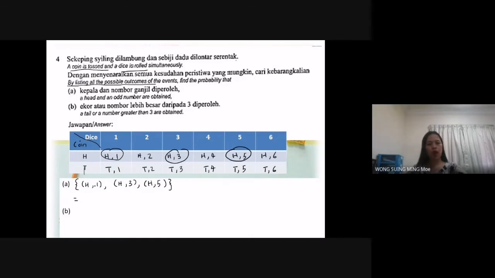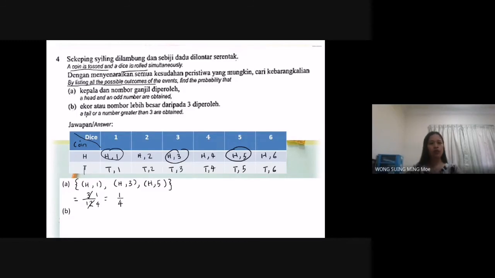Here, possible outcomes 1, 2, 3. And the total of the sample space is 6 times 2, which is 12. Okay, if can simplify, we just simplify it. Divided by 3 is 1, divided by 3 is 4. So 1 over 4.